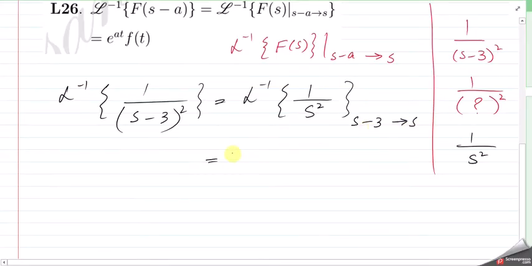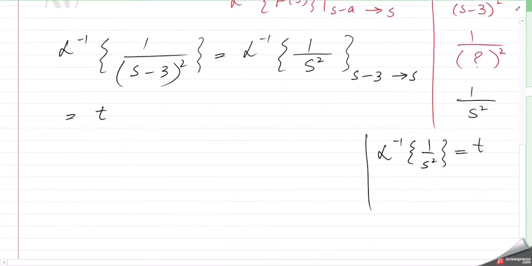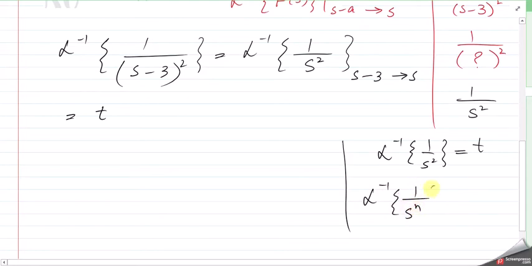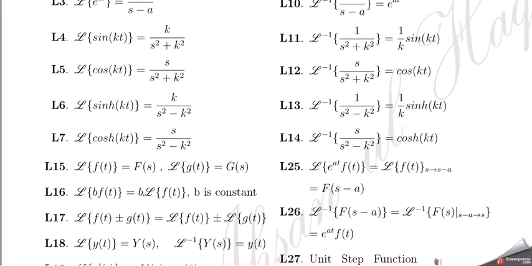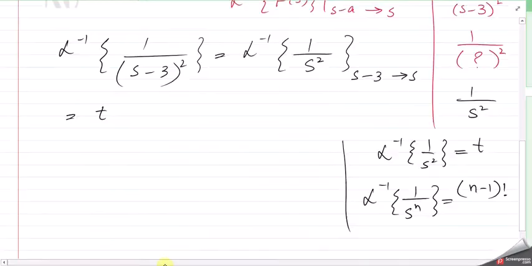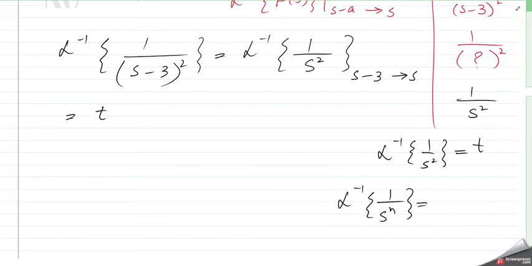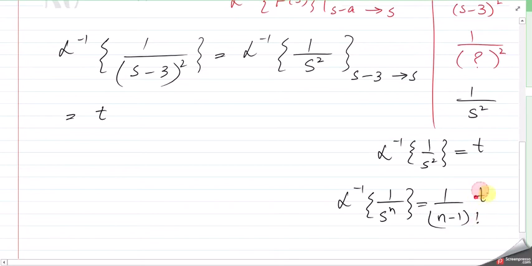So the formula: Laplace inverse of 1 over s square equals t, because Laplace inverse of 1 over s to the n equals 1 over n minus 1 factorial t power n minus 1.